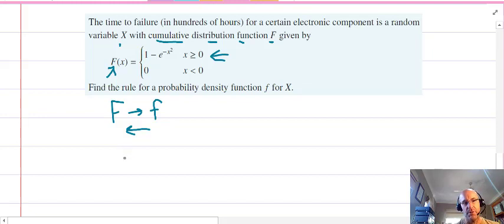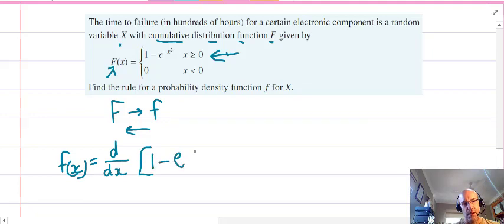For the active part, the top tier there, we need to take the derivative of that with regards to x. So here we go. I've taken the derivative. Better notate that properly. So what we're finding, lowercase f of x, is the derivative with regards to x of 1 minus e to the negative x squared.